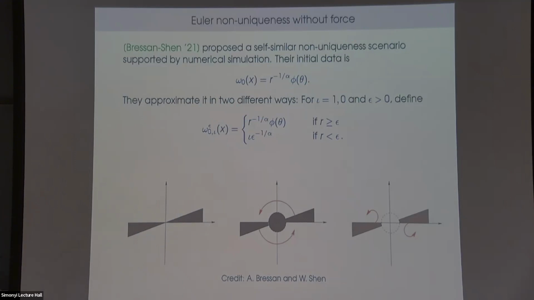It's supported on these kind of wedges, and you can desingularize this initial data in two different ways. One is, at scale epsilon, just fill in this region with epsilon to the minus 1 over alpha. A different way is to just cut out this region and fill it in with 0.